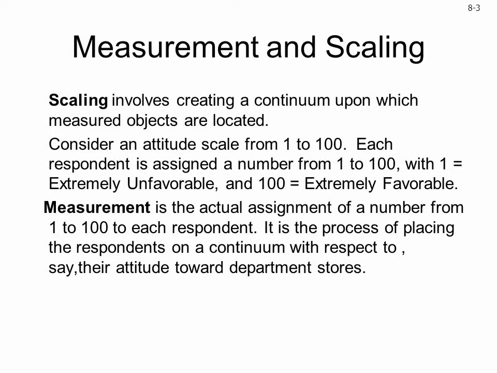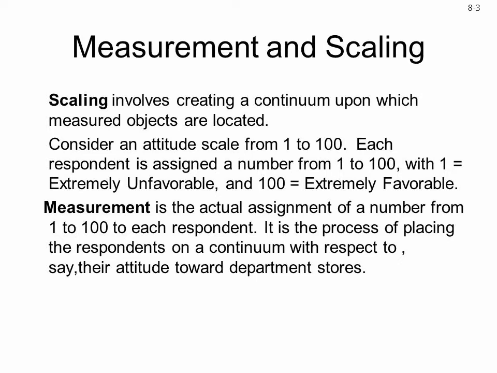Now, when we come to the types, it is generally the levels of measurement. We don't take them as types, but as various levels of measurement. There are actually 4 general levels of measurement: nominal, ordinal, interval and ratio.